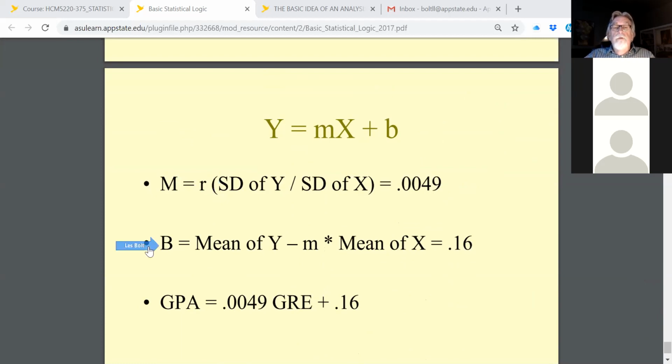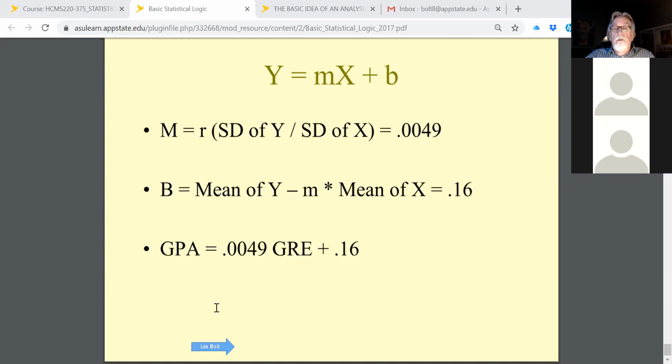I know the B value is the mean of Y minus M times the mean of X, and that's 0.16. And so I can come up with a GPA equation that says GPA is equal to 0.0049 times GRE plus 0.16.